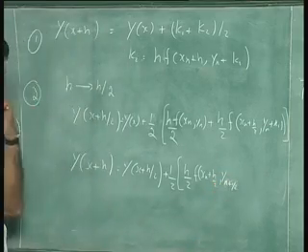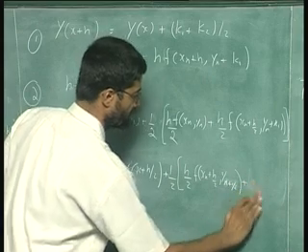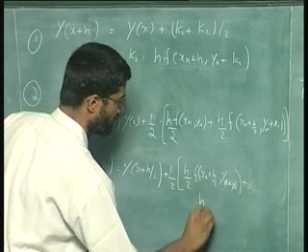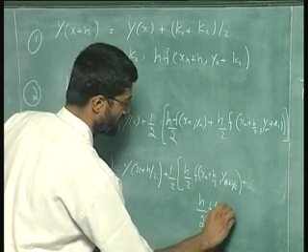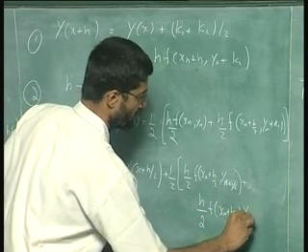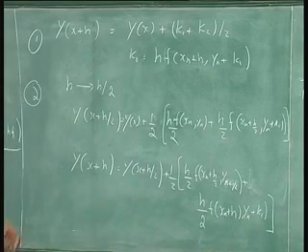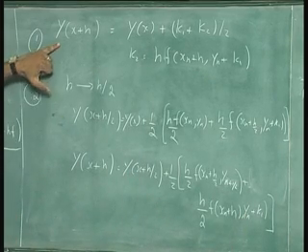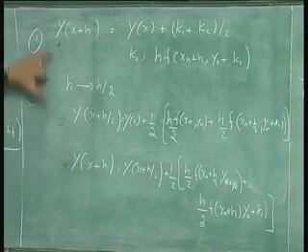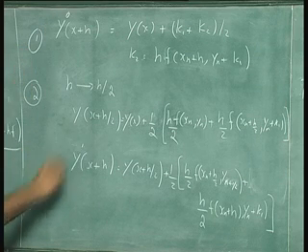Then plus h by 2 times f at xn plus h, yn plus k1. So I do this in 2 steps; I did it in 1 step here, and I do it in 2 steps here. Let me call this value y0 and this value y1.